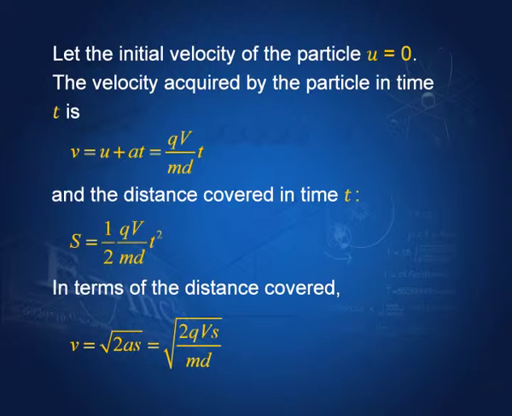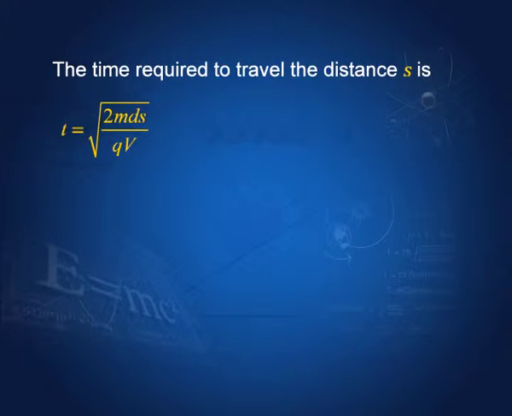So, we substitute the value of a and we get 2qVs divided by md and square root of that. The time required to travel the distance s, from this equation we have got t squared here. So, you can get t equal to the square root of 2mds divided by qV.